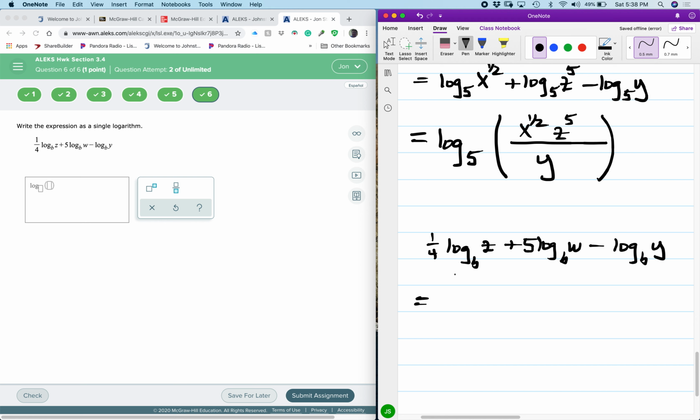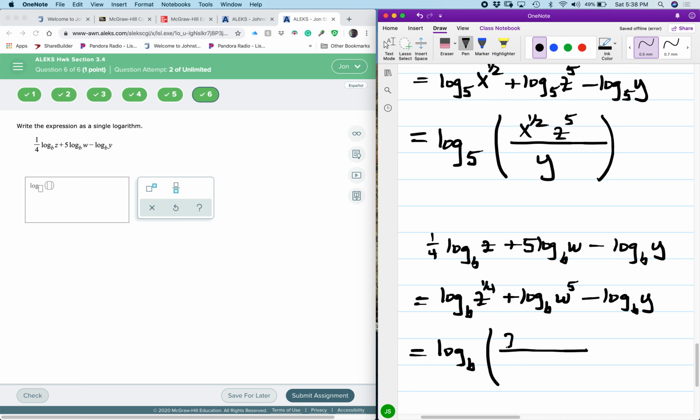So converting from coefficients to exponents, I'm going to have the base b logarithm of z to the 1/4 plus the base b logarithm of w to the 5th minus the base b logarithm of y, and putting what we have here all together.